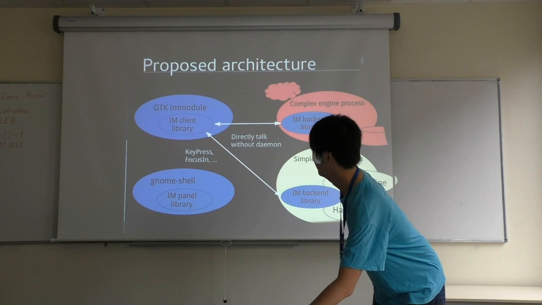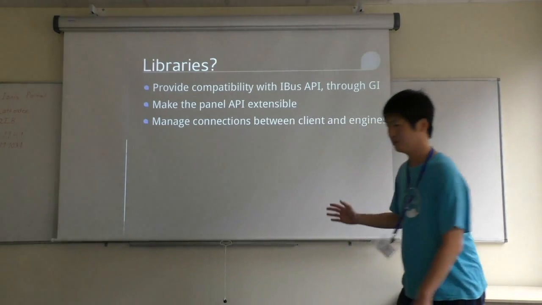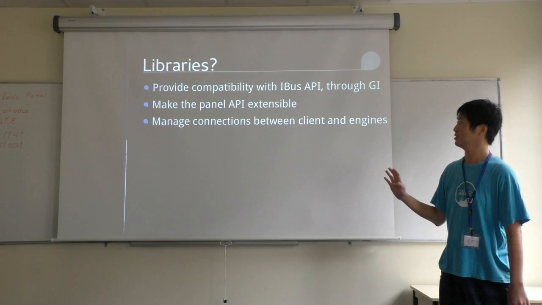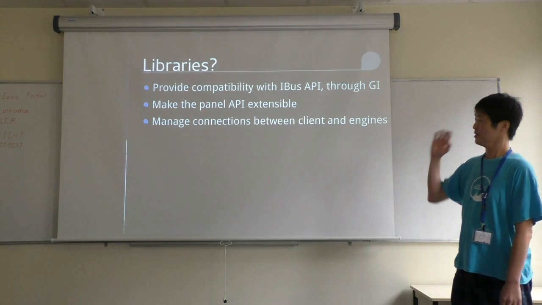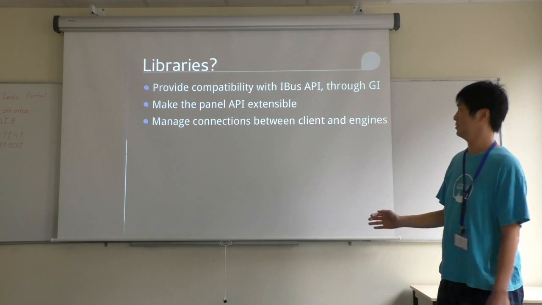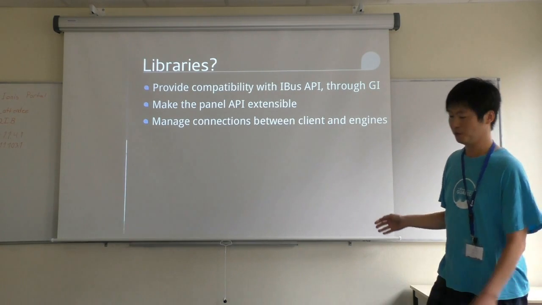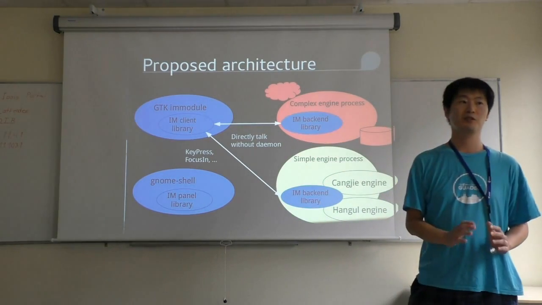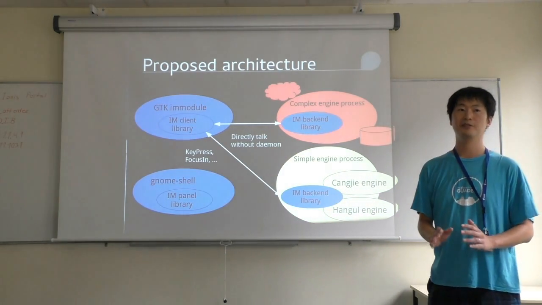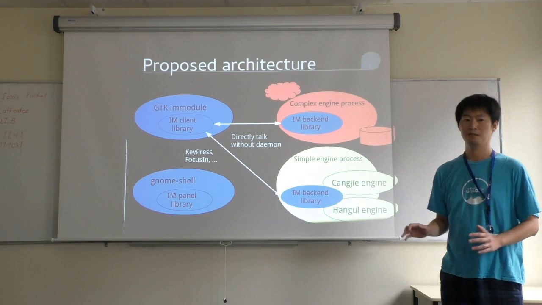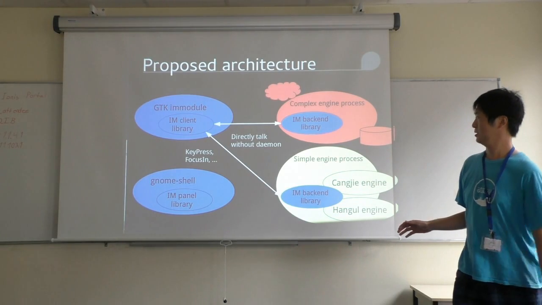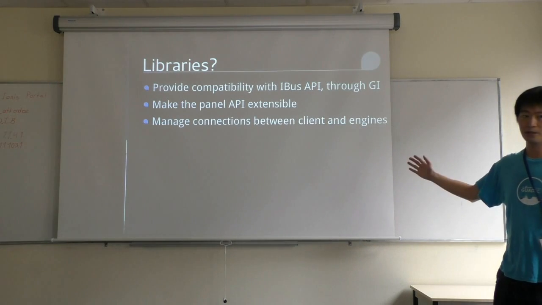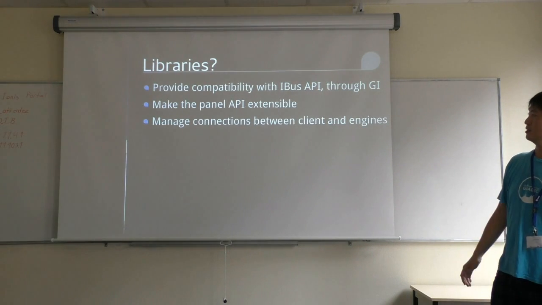And also, the reason why we provide three libraries is that we can implement this architecture without breaking compatibility with the current IBus usage in GNOME Shell, by using GObject introspection.